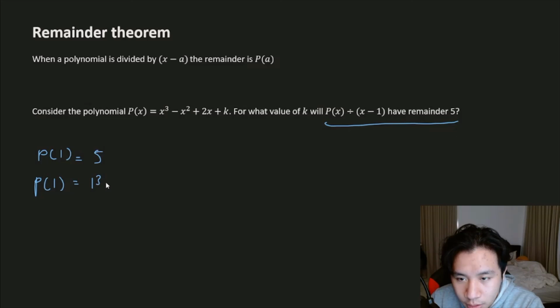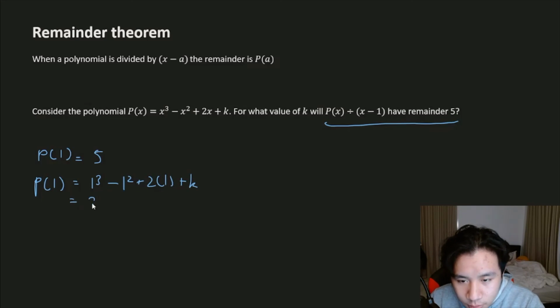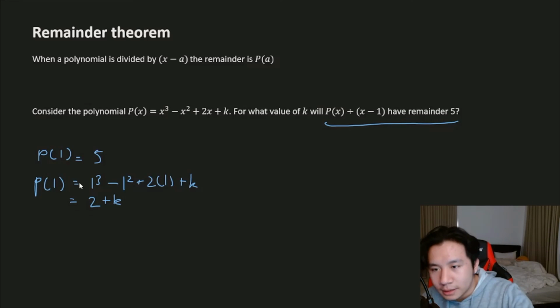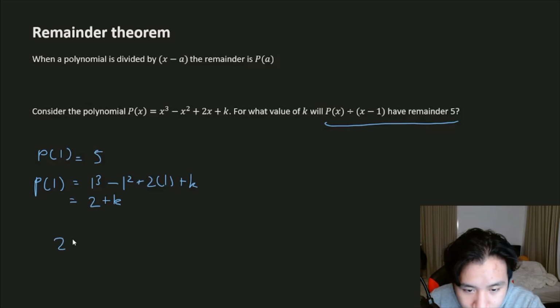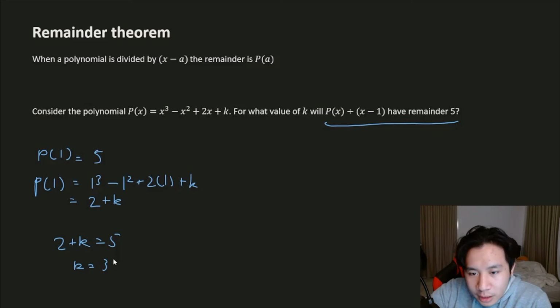So 1 cubed minus 1 squared plus 2 times 1 plus k. This is equal to 2 plus k. Since both of these are the remainder, 2 plus k is equal to 5, and so k is equal to 3. All right, that's it for factor theorem and remainder theorem.